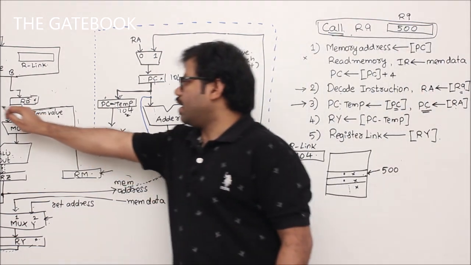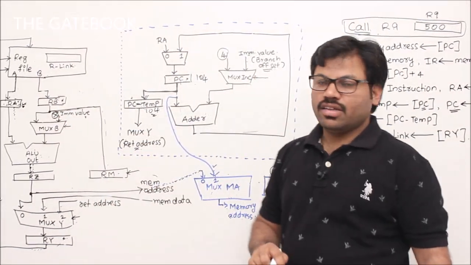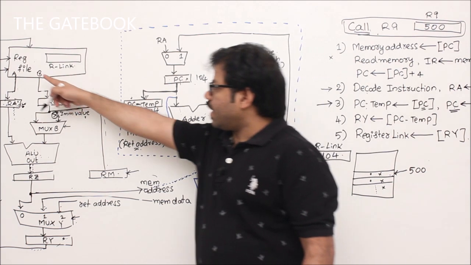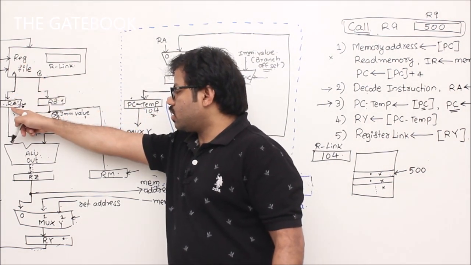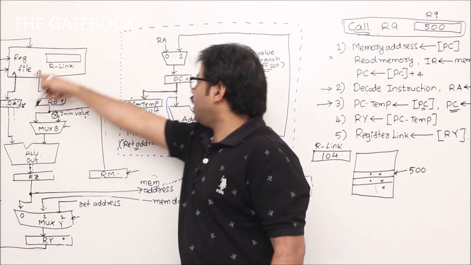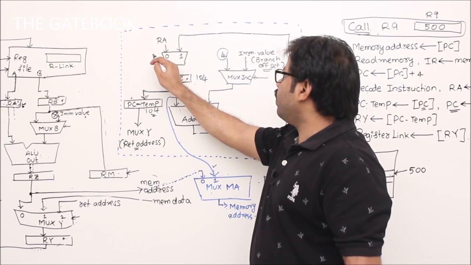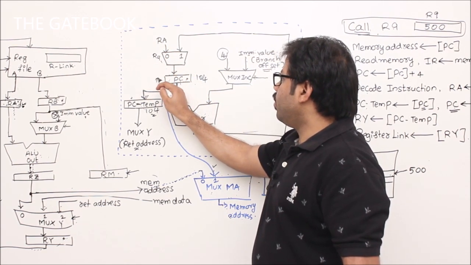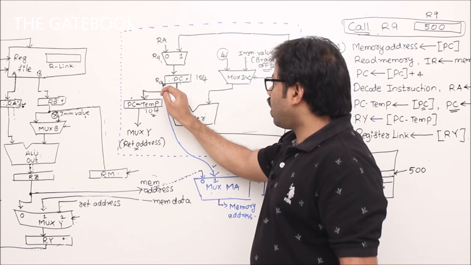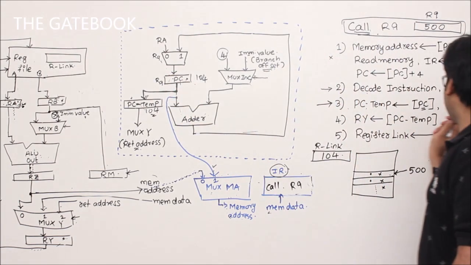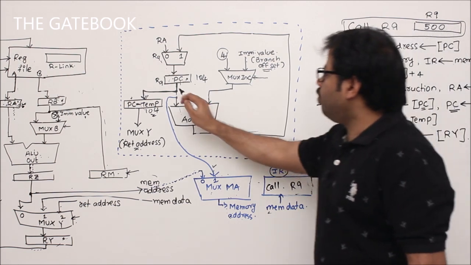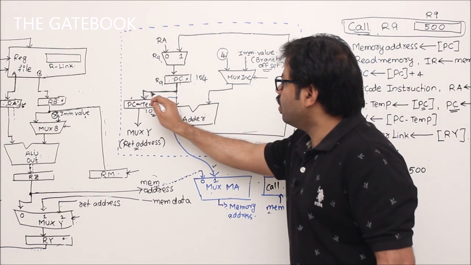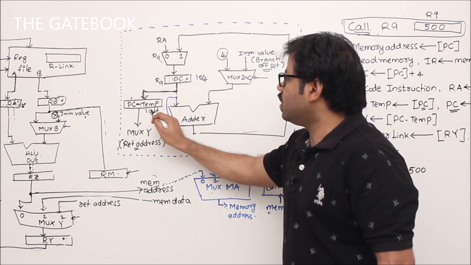Recall this RA. At the end of the second clock cycle, RA's content is R9. So slowly that R9 will come and settle in program counter. Remember it: program counter gets R9 in the third clock cycle, and PC temp will take the old data of program counter, which is 104.